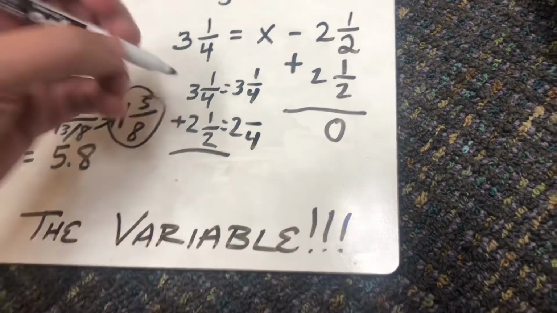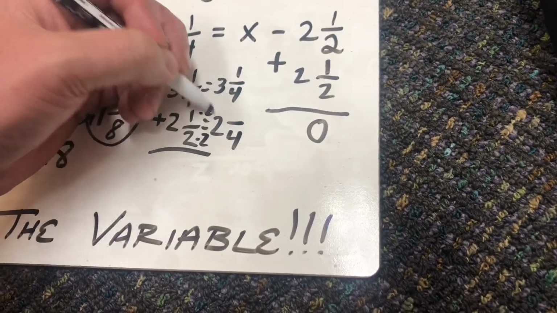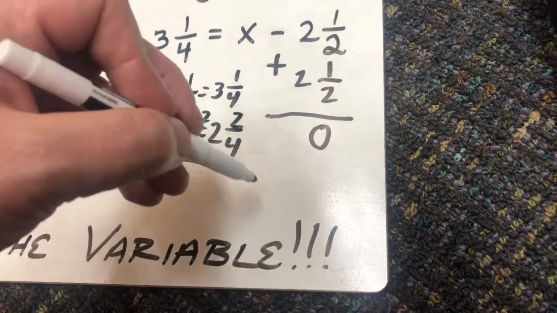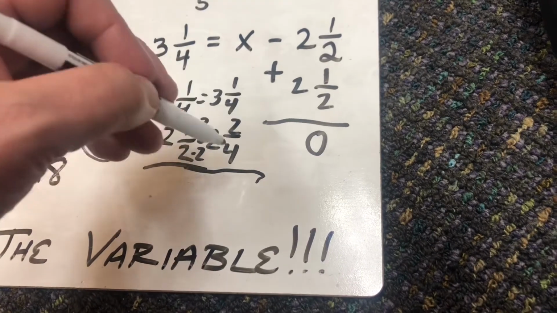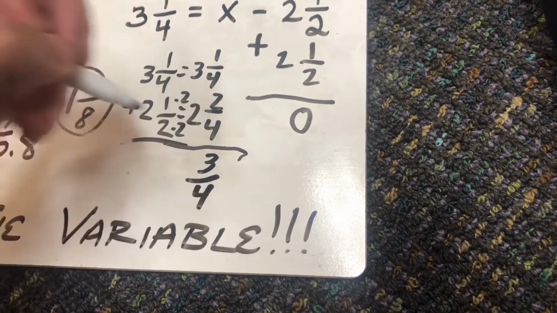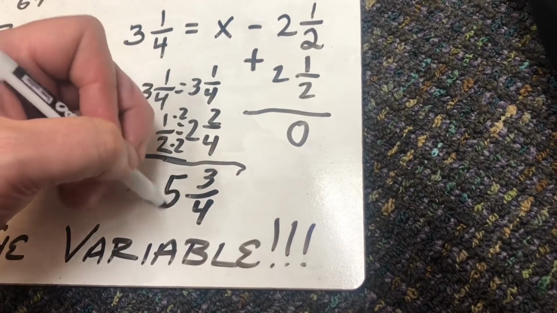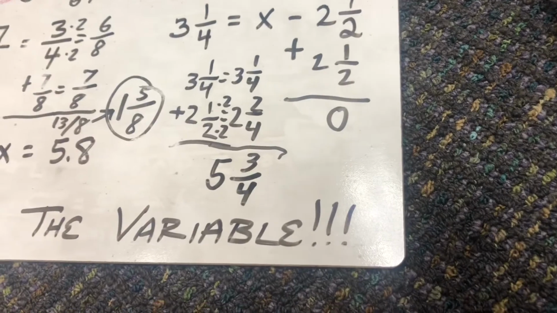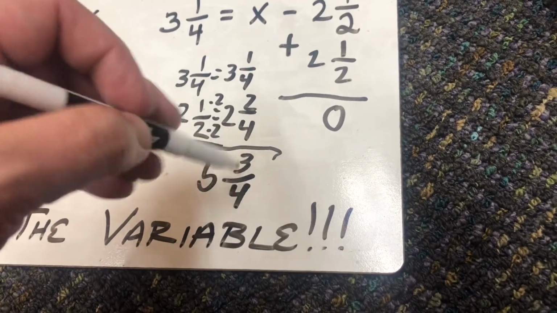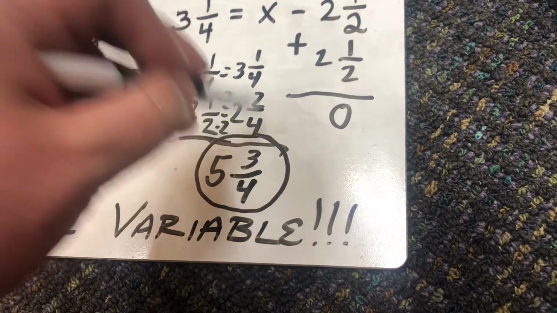I did 2 times 2 to get 4, so it's going to be 1 times 2 to get 2. Well, now I've got 1/4 plus 2/4. That's 3/4. Then I do 3 plus 2. That's 5. And I think that that is in simplest form because nothing besides 1 can go into both 3 and 4. I end up with 5 3/4.